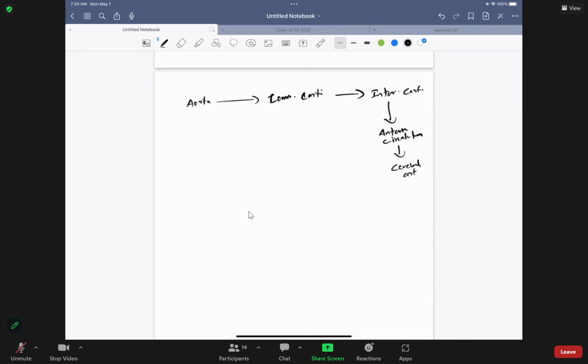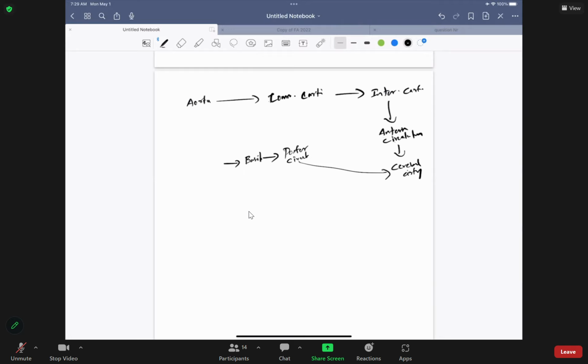I could do a little picture here. Anterior circulation comes to cerebral arteries. On the other hand, posterior circulation also comes to cerebral arteries. Does that make sense, folks? Who's the posterior circulation? Basilar artery. How do you get basilar artery?